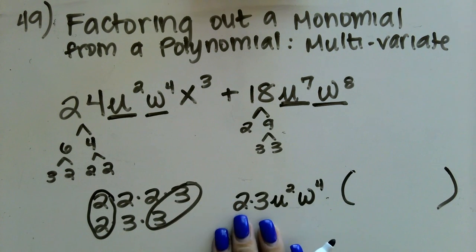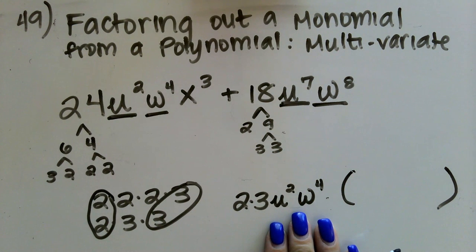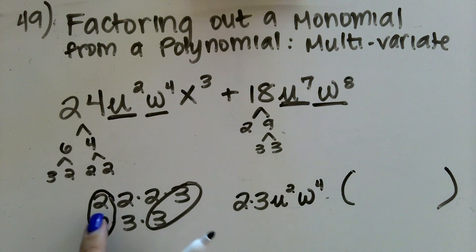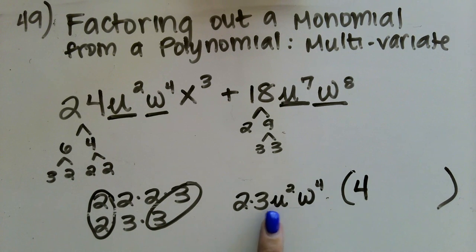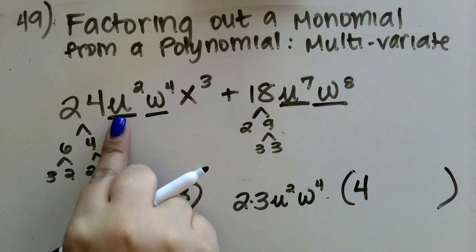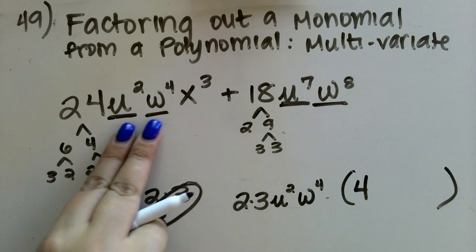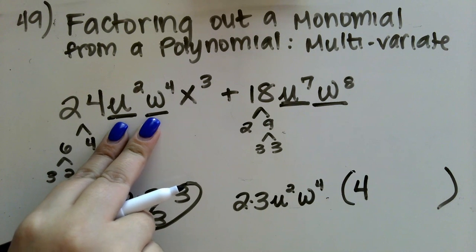So what we see over here is the greatest common factor that we are removing out of both terms. We're going to leave inside that remainder. So in our first coefficient, we pulled out a 2 and a 3, and all we have left over are 2 2's, which means that is going to be a 4. Now we also pulled out 2 u's, and we pulled out 4 w's, so there are no more u's or w's left over after we factor those out.